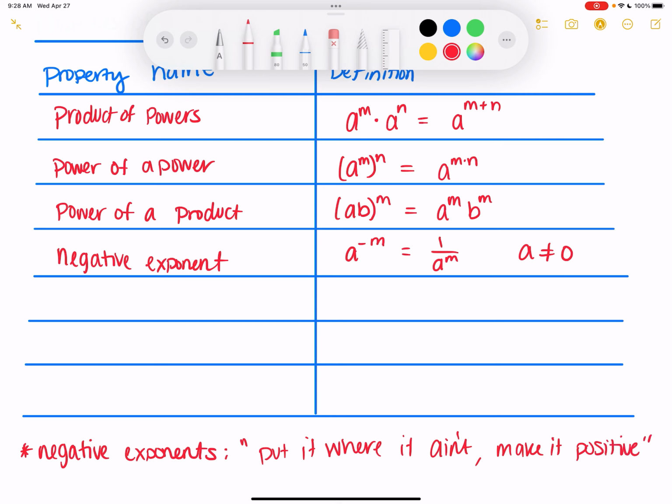Because we don't like negative exponents, so he always said, put it where it ain't, make it positive. I know it's not grammatically correct, but I never forgot it. But it's a Mr. Cassism.